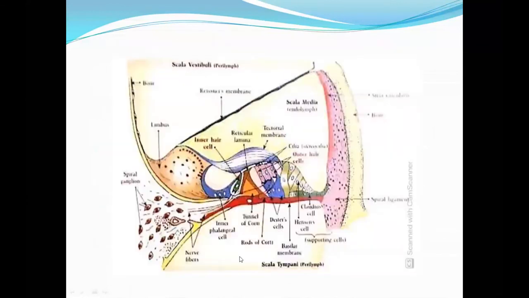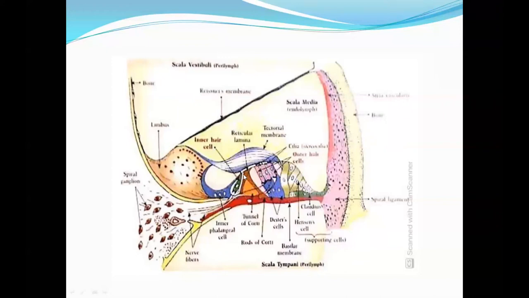Here we can see in the diagram, this is the basilar membrane, this is the organ of Corti. From the basilar membrane, the two rods are coming up. These are the rods of Corti, and they form a tunnel, that is the tunnel of Corti.